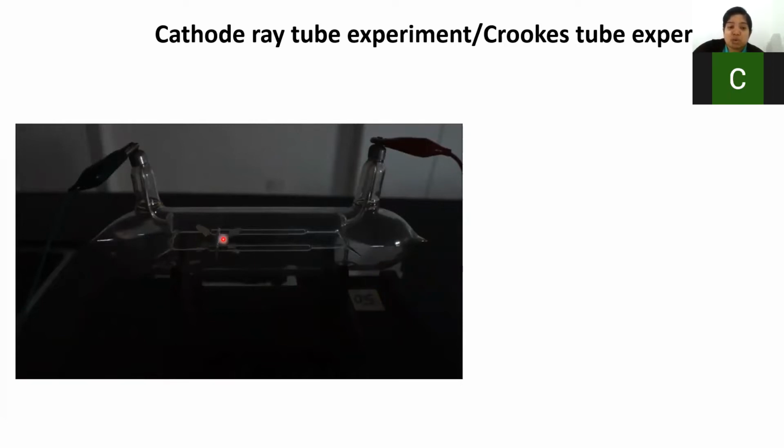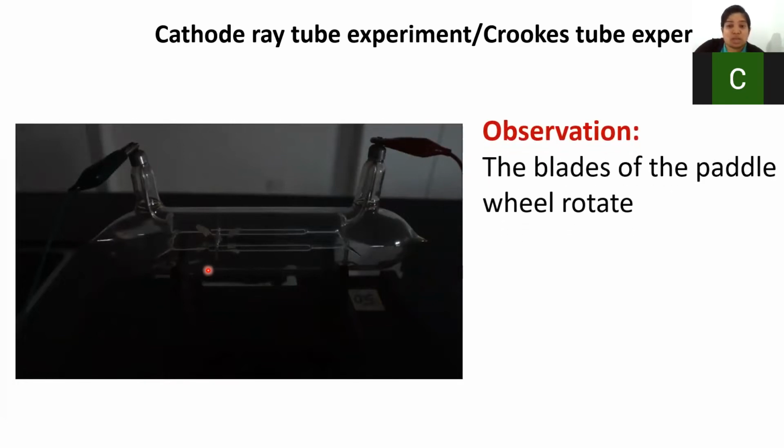So with that observation, it was possible to conclude that these cathode rays must have some sort of a momentum. In order to have a momentum, there should be a certain mass. There should be a particle with a mass, and there should be some sort of a kinetic energy transfer.